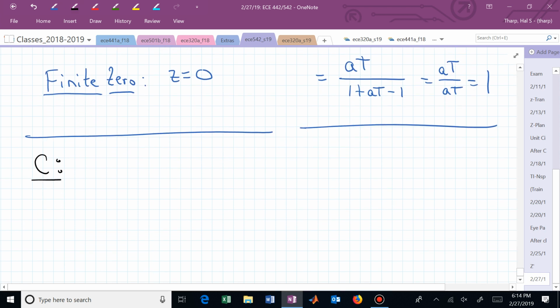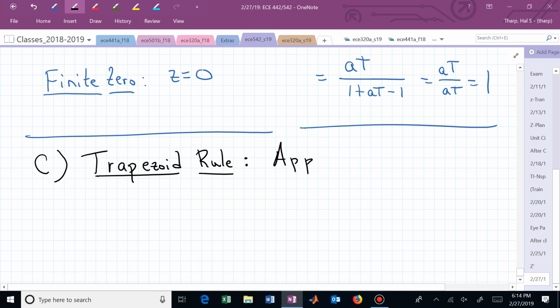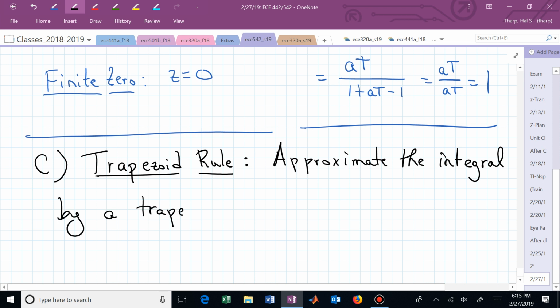So strategy C is now going to be using the trapezoid rule, where we want to approximate the integral by a trapezoid.